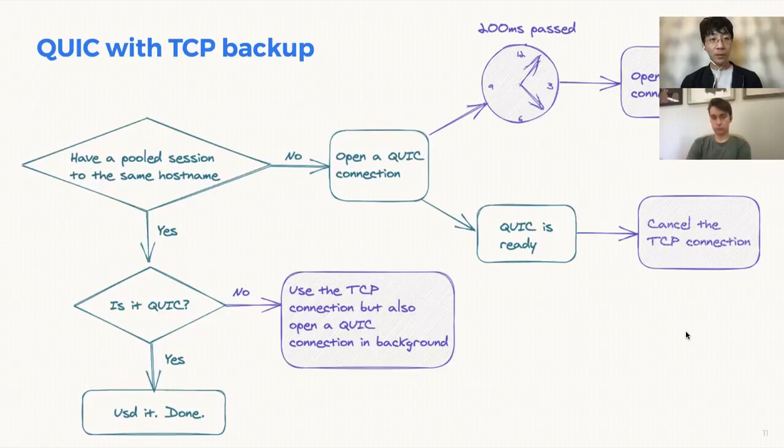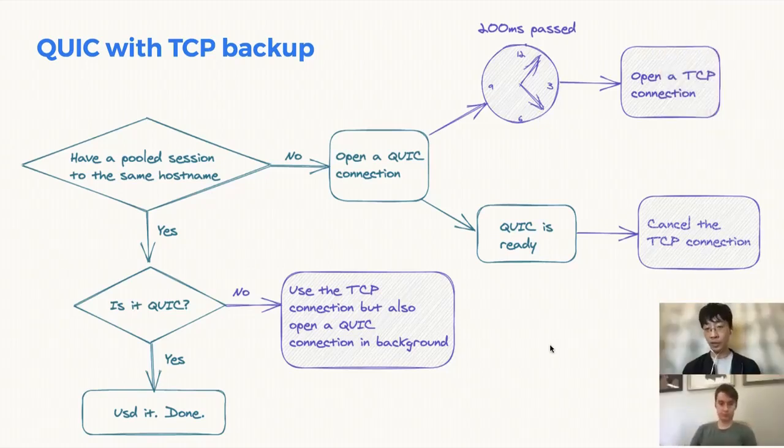On the internet, there's still roughly about 1% of users who cannot have their traffic go through UDP over port 443. And 1% of Facebook's user base is a very large number. To make sure that when we enable QUIC and HTTP3 for our users they can still safely and reliably use the app, we came up with this algorithm to race the QUIC and TCP connection when we need to open a new connection.